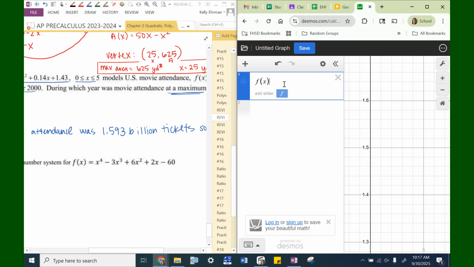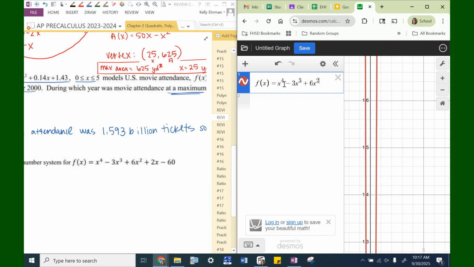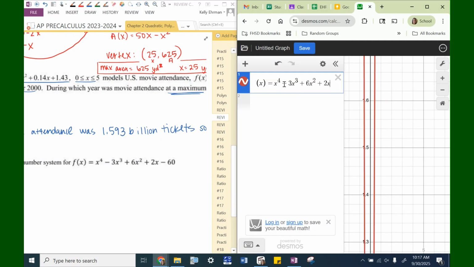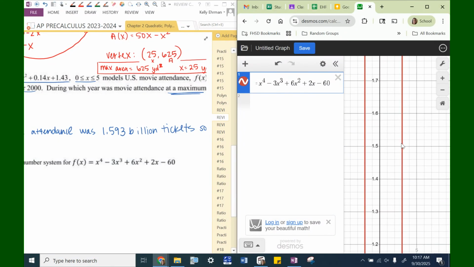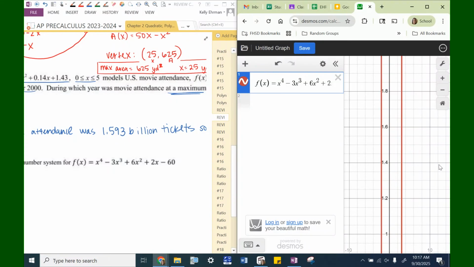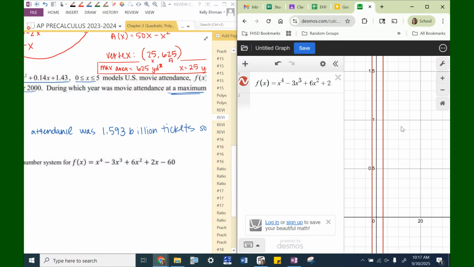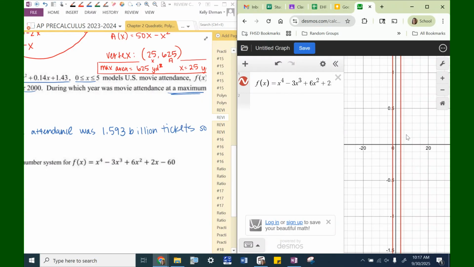So f of x equals x to the fourth minus 3x to the third plus 6x squared plus 2x minus 60. I cannot see this very nicely. The window's kind of weird, so I do have to just zoom out a little bit.